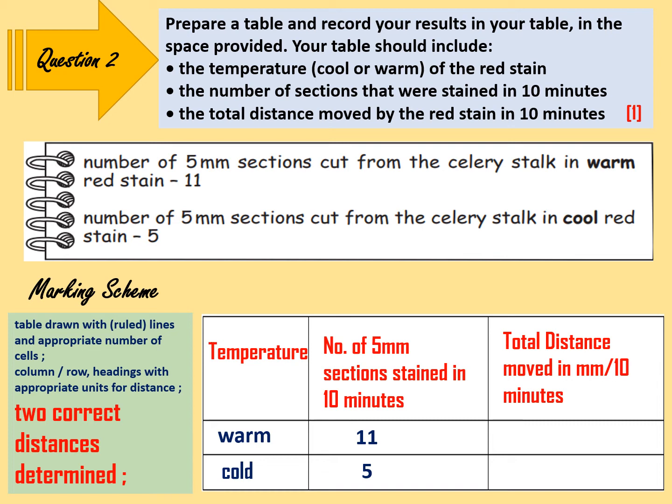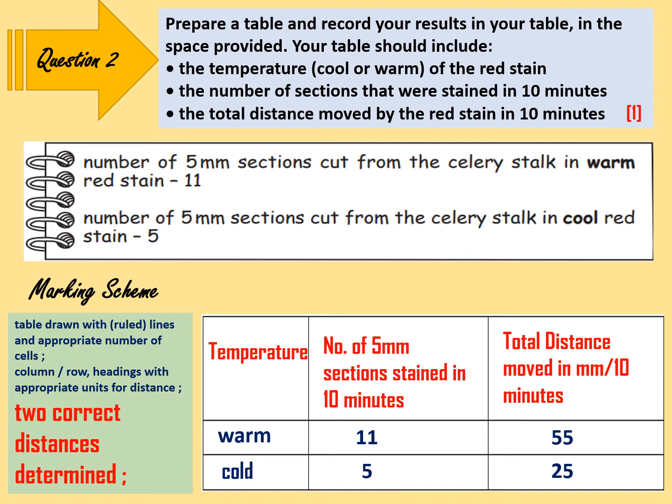In the warm water, the total number of pieces is 11, and each piece is 5 millimeters, so 11 multiplied by 5 is equal to 55. In the cold water, there are 5 pieces, so 5 multiplied by 5 is equal to 25.